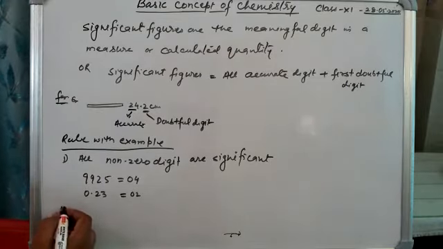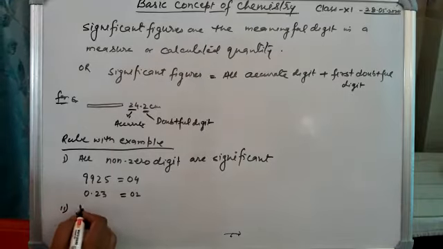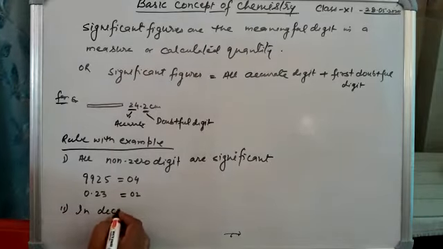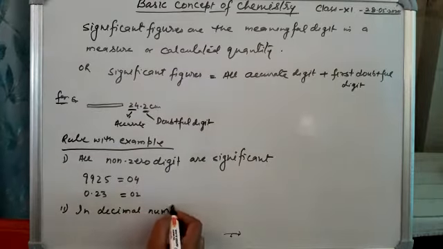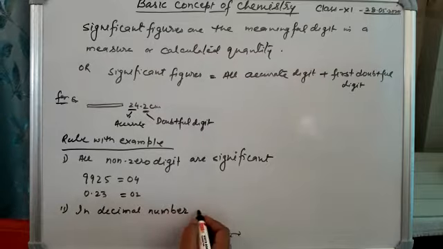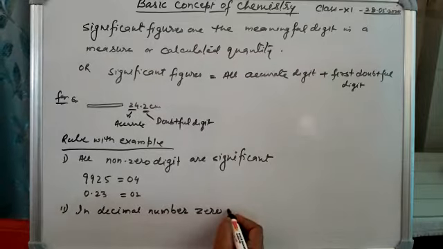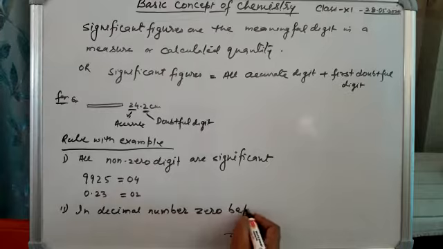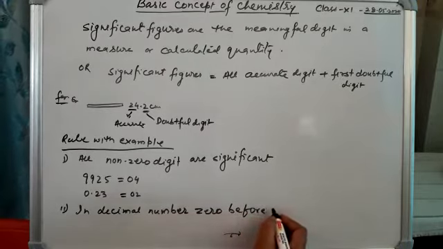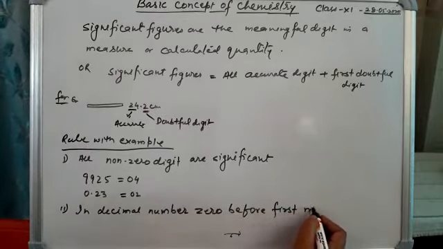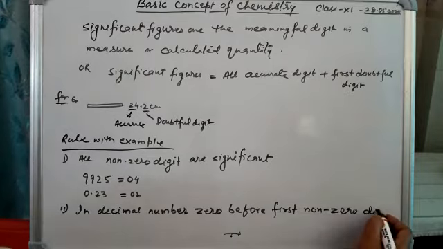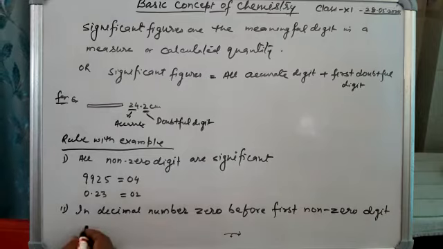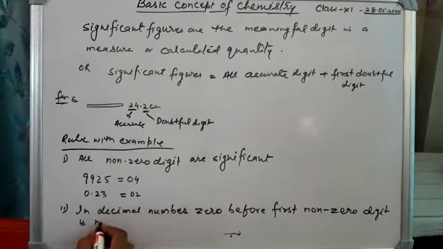Rule number 2: in a decimal number, zeros before the first non-zero digit are not significant.